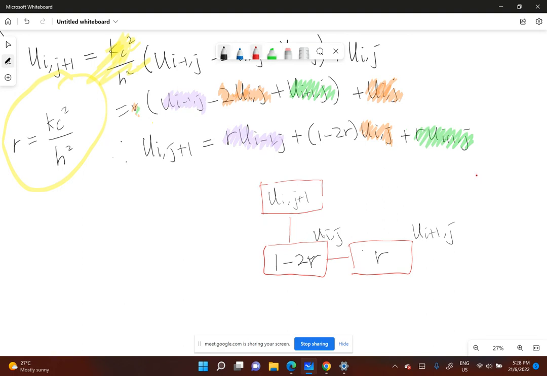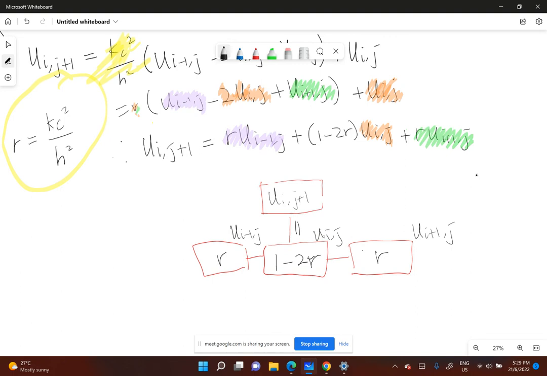And here we have another one is here. R. And this is UI minus 1J. So maksudnya UIJ plus 1 is equal to R darab dengan this UI minus 1J tambah dengan 1 tolak 2R, 1 minus 2R, UIJ plus with R time with UI plus 1J.